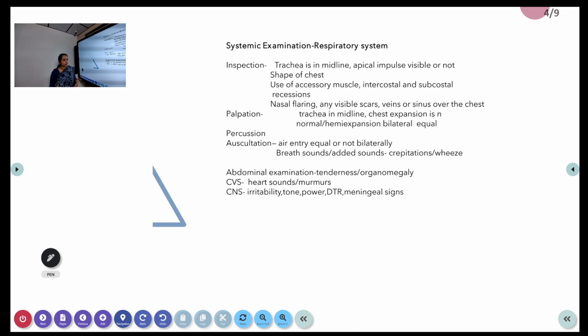But then you look for any organ enlargement, any abdominal tenderness, because when I spoke about the symptoms of pneumonia, you also ask for abdominal pain. Sometimes in lower lobe pneumonias, you can get abdominal pain. It has even been mistaken for some acute abdomen or acute appendicitis.